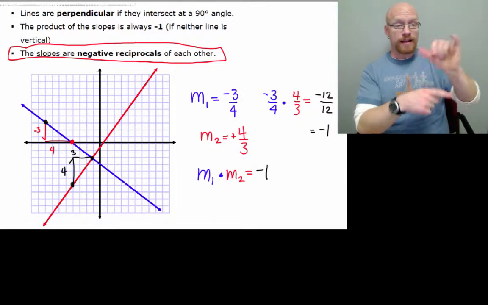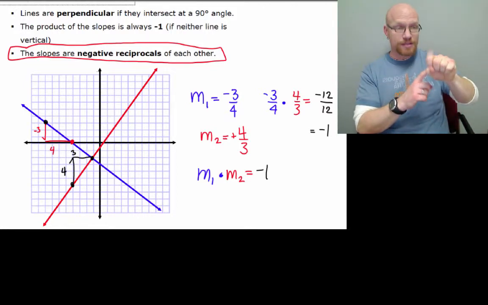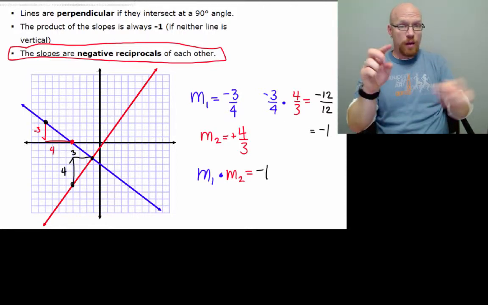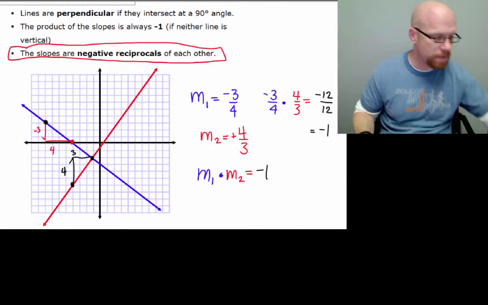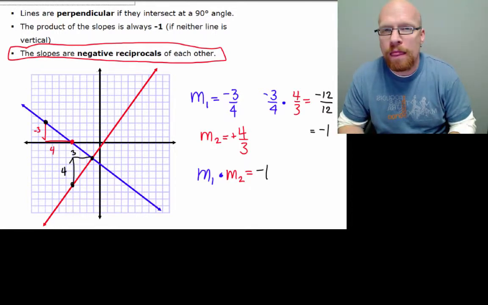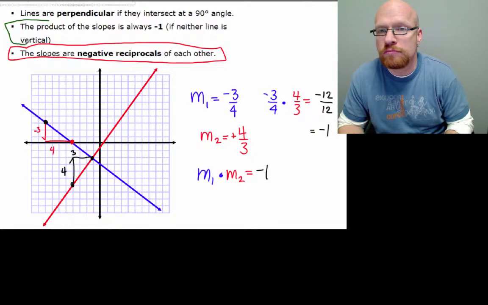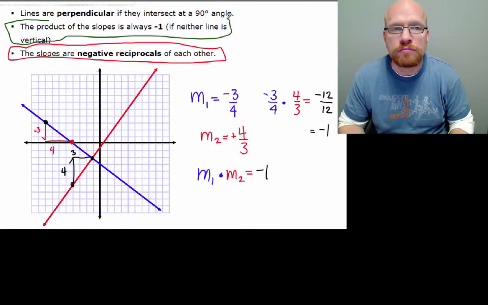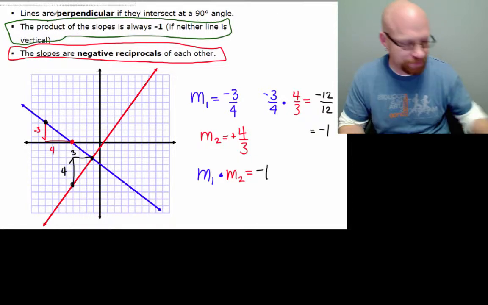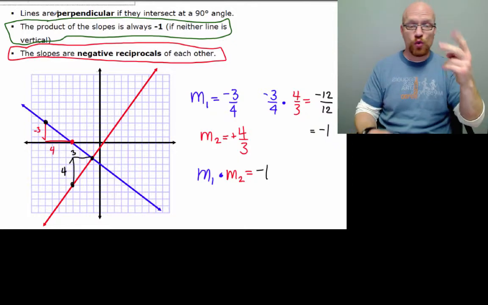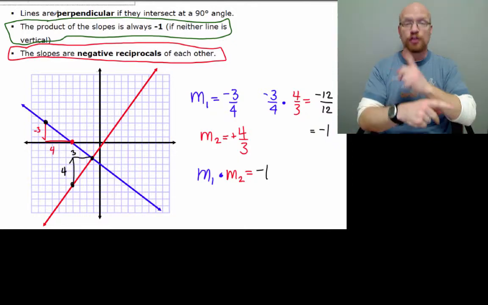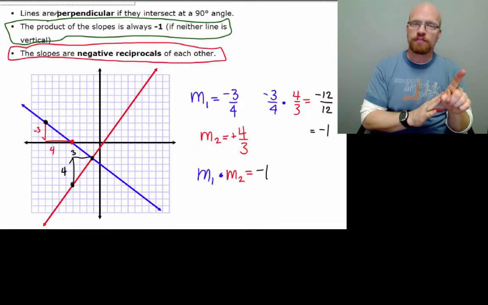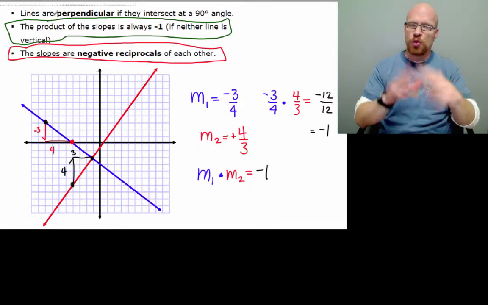So the product of those two slopes is negative 1. When we look above here, we can see what? That the two slopes multiplied really equal negative 1. Let's do some short examples.